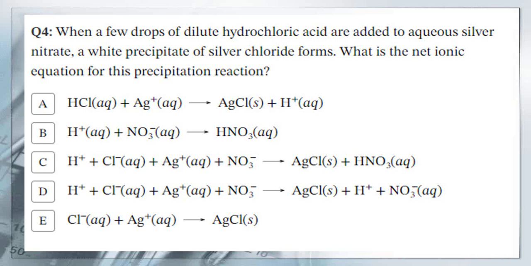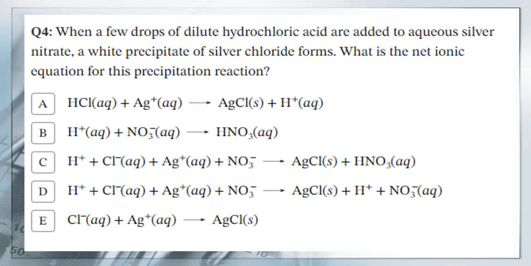What is the net ionic equation for this precipitation reaction? We said before that if we have any net ionic precipitation equation, we must have only one solid substance in the product.